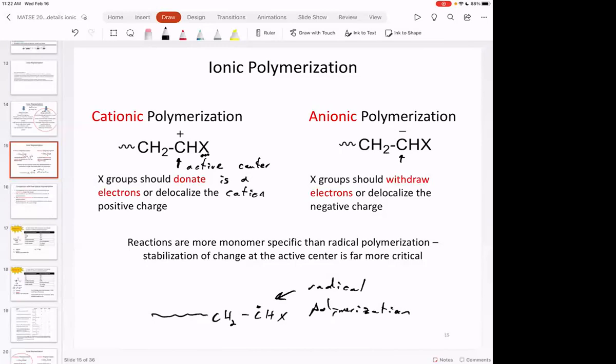And you can think about that positive charge doesn't really want to be uncompensated or left alone. And so we'll talk about the counter ion that stabilizes that, but an electron donating group will help stabilize that positive charge. You don't want an electron withdrawing group, because that's sucking more electrons away from that cationic center, and that's making it more unstable.